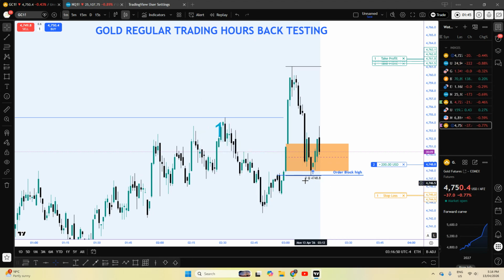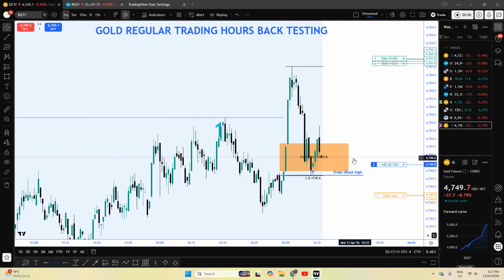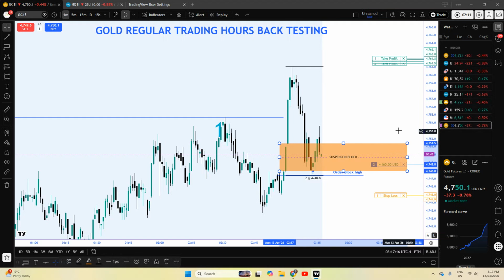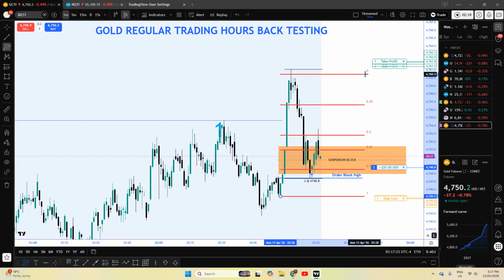And we have the suspension block. Yeah, this quadrant level and this low, that high.